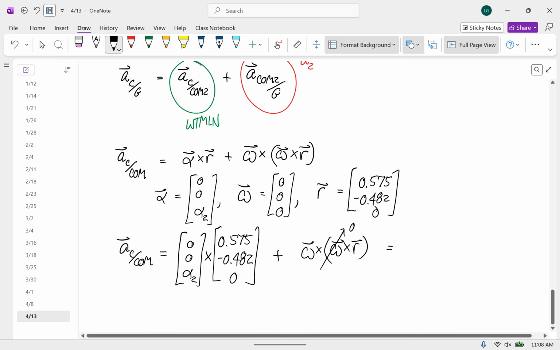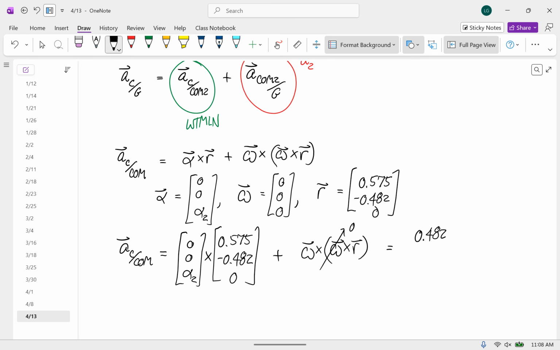And we get positive 0.482 alpha 2, positive 0.575 alpha 2.